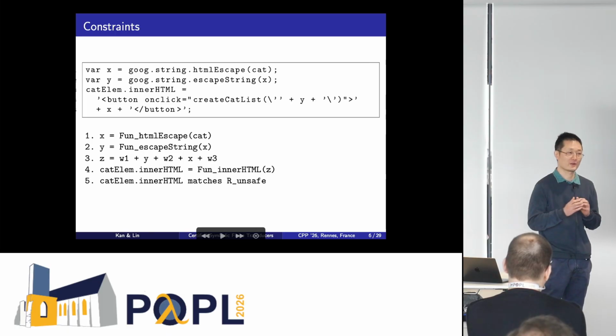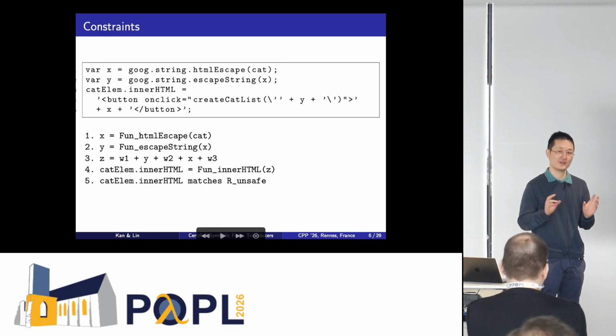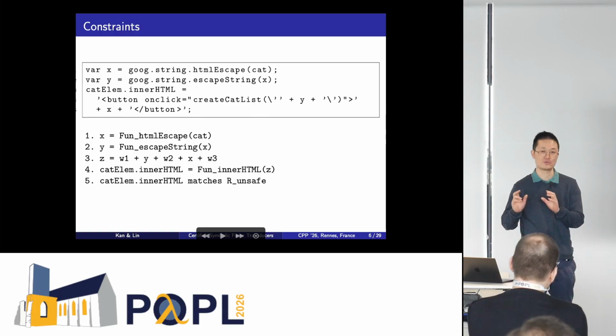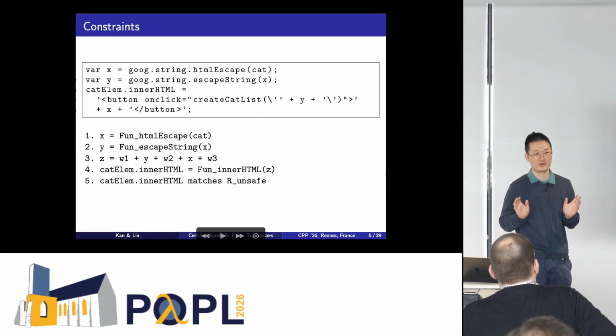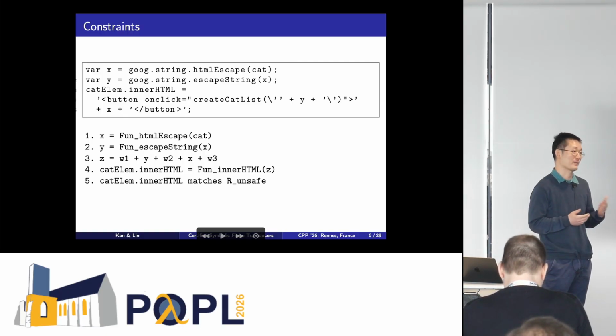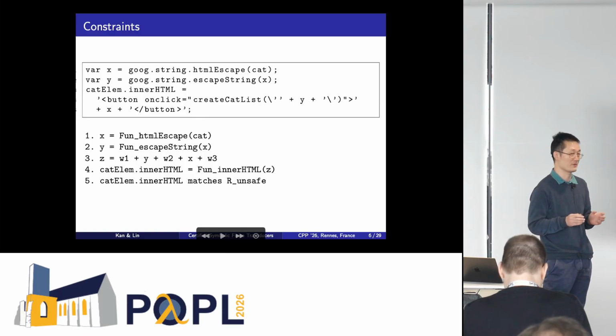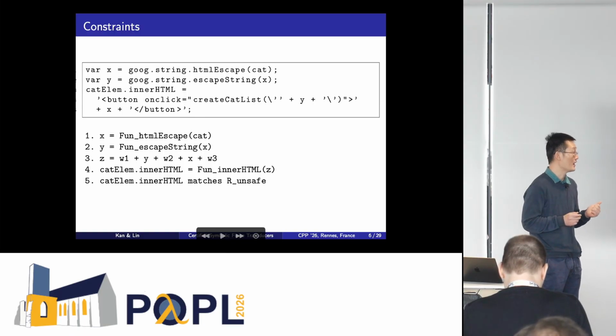But how can we verify that the programs the users wrote guarantee that the user input will finally be transformed into something legal that won't hurt others, won't hurt our systems? So we can use SMT solvers here. We have five constraints. The first one is we could encode the HTML escape as a function, right?